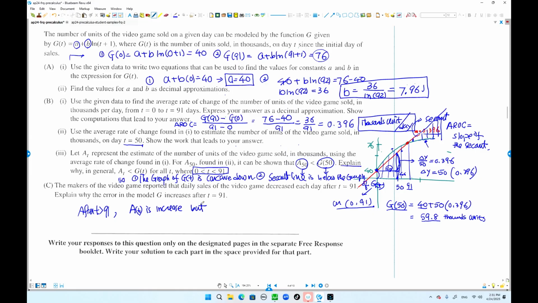But the actual value is what? That the rate of the actual value is getting decreasing, right? The slope is very fast. After this it is going down again, right? Decreasing.